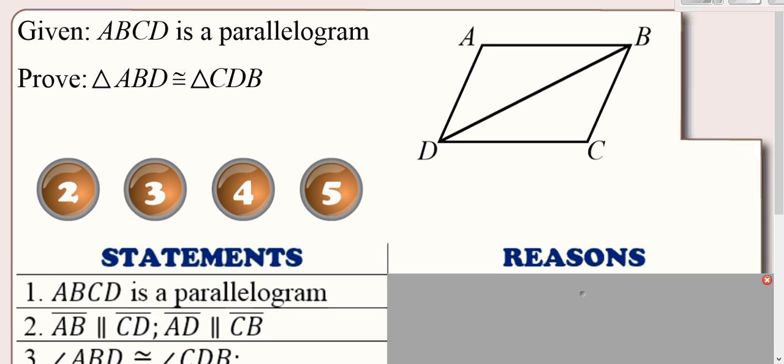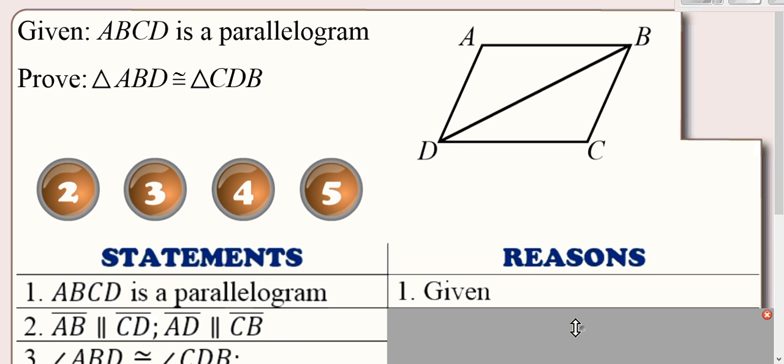So, first thing we're going to look at is, can we prove the two triangles are congruent? When you draw in one diagonal, does it split it into congruent triangles? So we're given that it's a parallelogram. So our reason, given. Then we're going to go on and say that the sides AB and CD are parallel, and so are AD and CB.